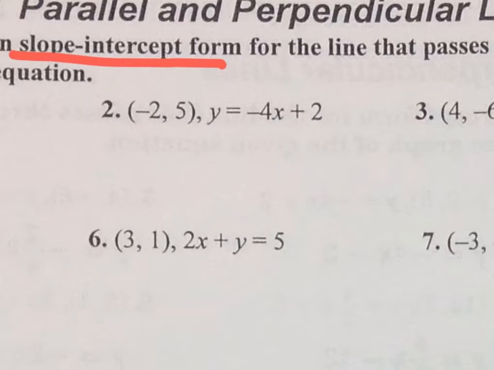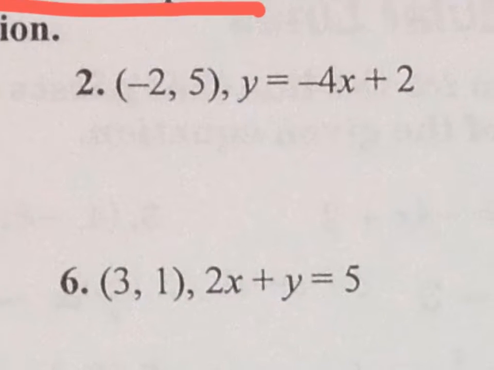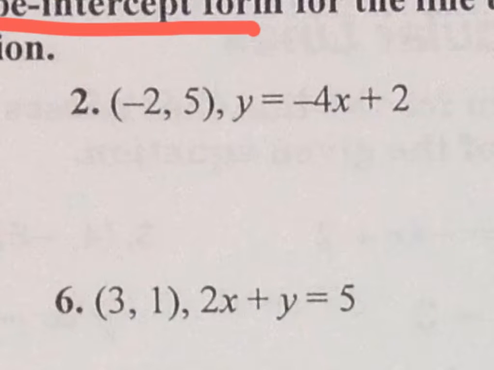So, ladies and gentlemen, number 2, they want you to write an equation, and it's underlined up here in slope-intercept form. And in case you forgot, that's y equals mx plus b. But I'm not even going to worry about the form yet. What I'm going to ask myself is, what do they give me? Well, they give me a point, an x1, y1.